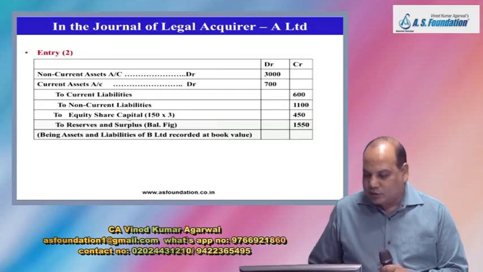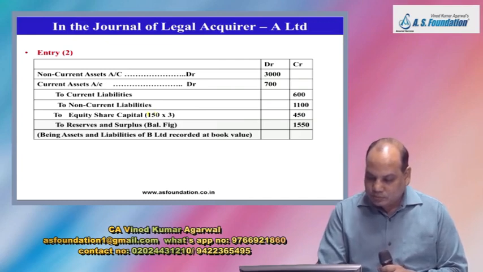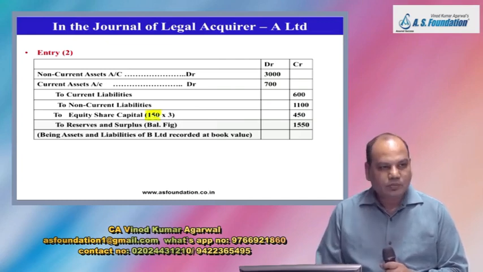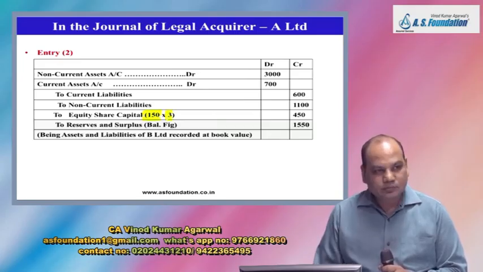And to equity share capital, now pay attention, how many shares we have agreed to issue to this company? 150. This share you have issued. So this will come in your books, 150. And the face value is 3 rupees.